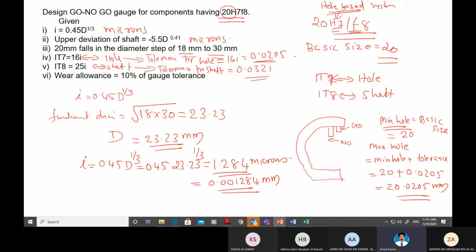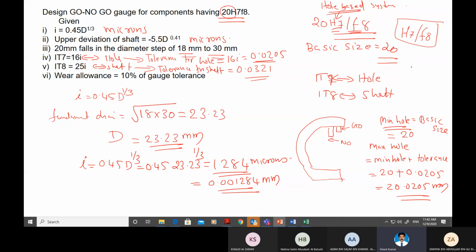See, if you see there, it is represented by H, and then the tolerance grade, then F8. Such a system is termed a hole based system. I will specify here also whether it is a hole based system or shaft based system. Okay, doctor.